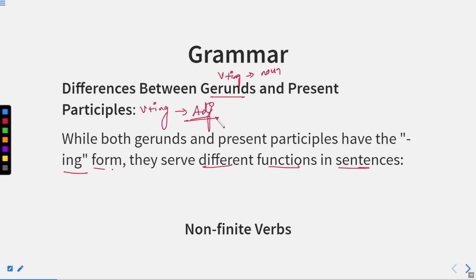As I told you yesterday as well, with the help of a diagram, I explained to you that whenever we have a verb or the word which looks like a verb and it behaves like either the subject or the object, it is a noun and it is a gerund. But if verb plus ing behaves like an adjective, or it tells the quality of a noun or pronoun, or it describes a noun or pronoun, that is known as participle.